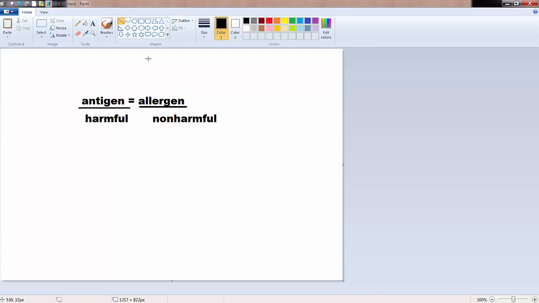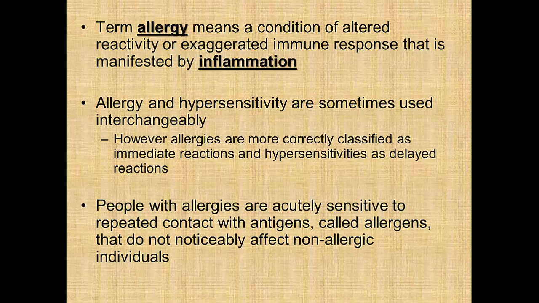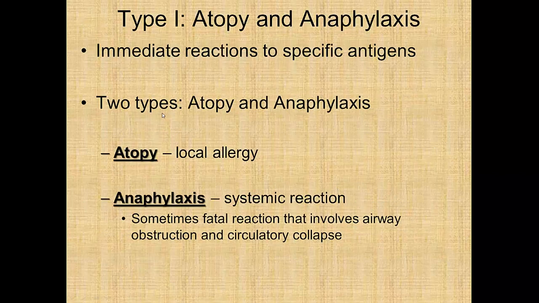So something that you kind of already know from firsthand, not all allergies are the same, not all responses are equal, but that's the idea, is that the body is more or less mistaking the allergen for an antigen. And so we kind of use two different terms to relate to the context. And so in this case, an allergen is generally considered non-harmful, but you react to it anyway.